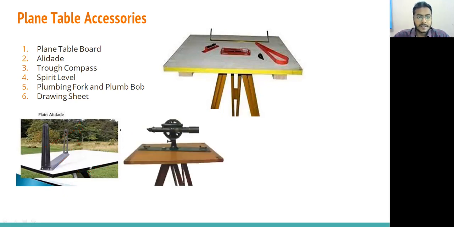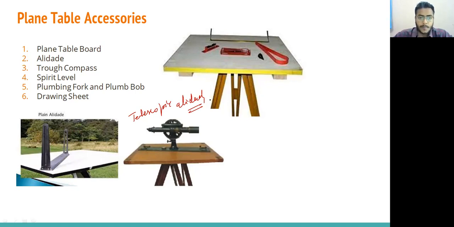The second one is the telescopic alidade. This has more advantages than the plain alidade, and we can use it when we want to get more accurate results.